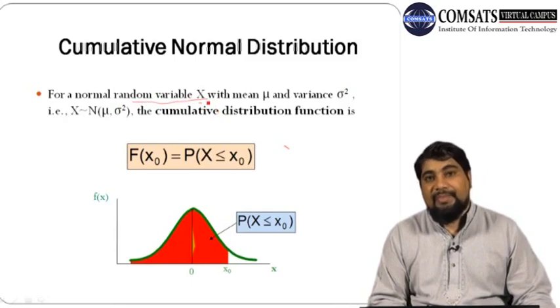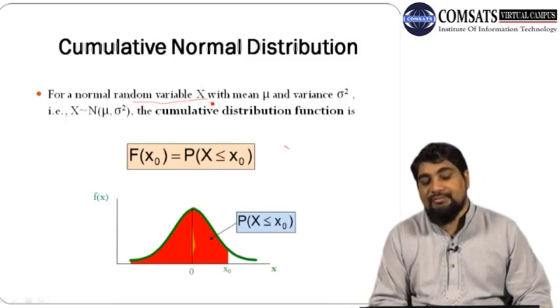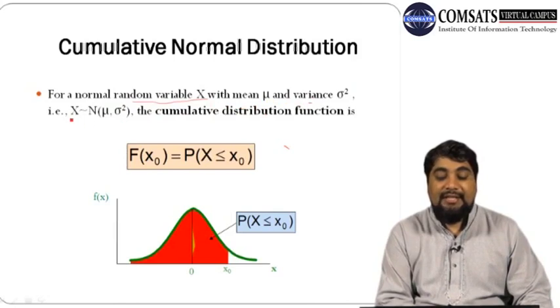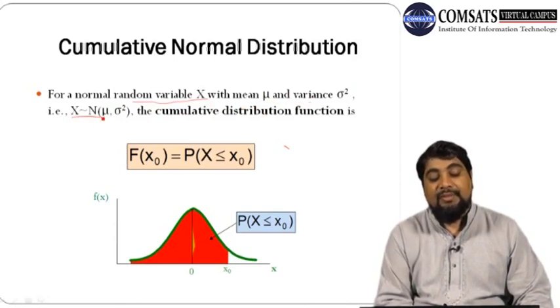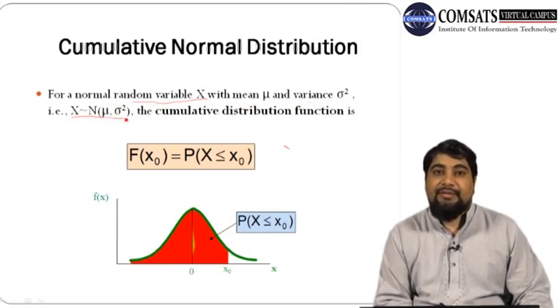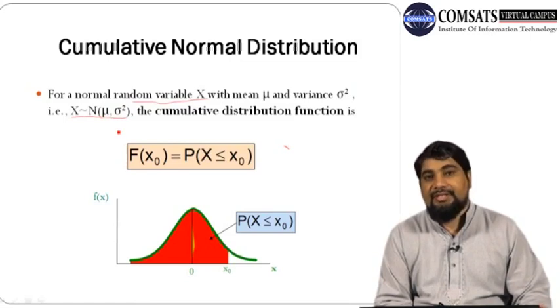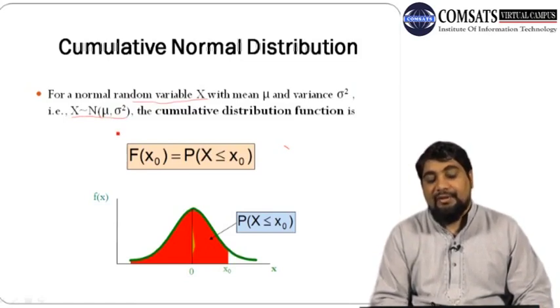So mathematically we write it as x is distributed as normal with mean mu and variance sigma square. Remember that these are the two parameters of normal distribution. The first one is mean, the second one is variance.